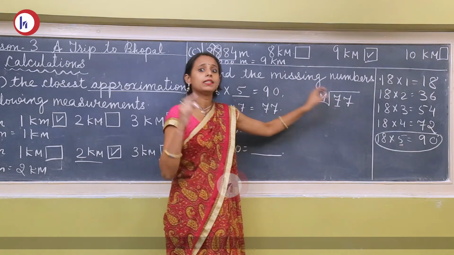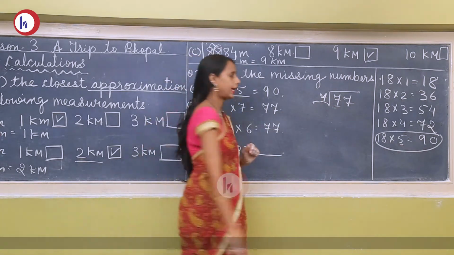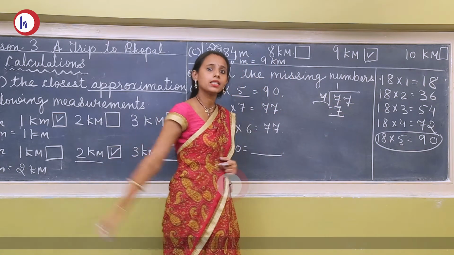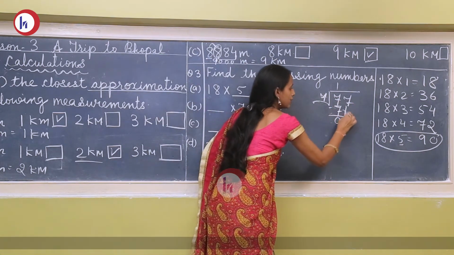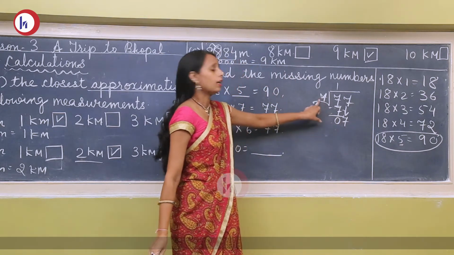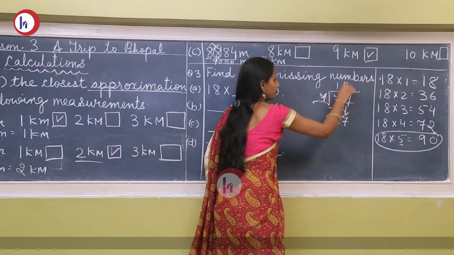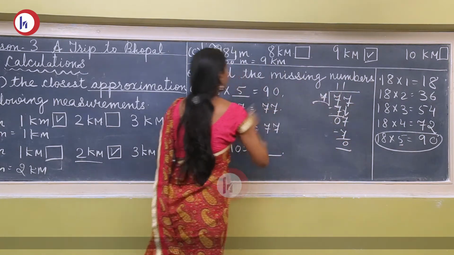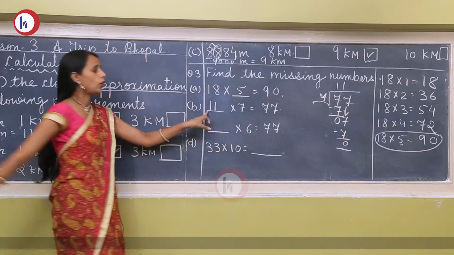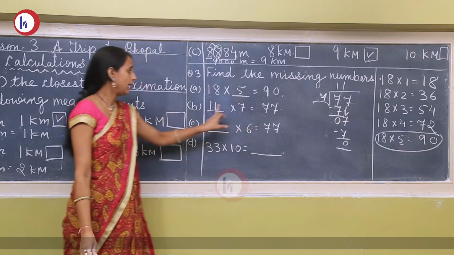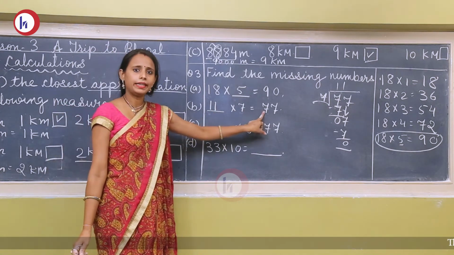So take the 7. In the 7 table, 7 will come one time. 7 minus 7 is 0. Now the next number will come down. Now 7 will come in the 7 table one time. 7 minus 7 is 0. Now the answer is 11. So when we see the table of 11, 7 times will come 77. So 11 multiplied by 7 is 77.